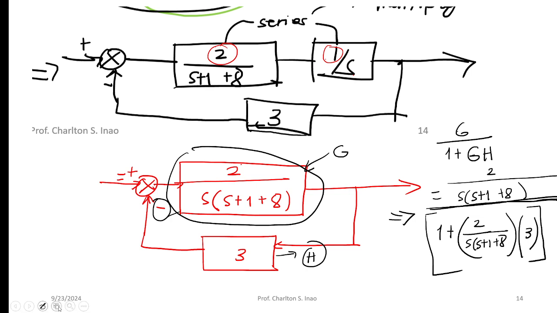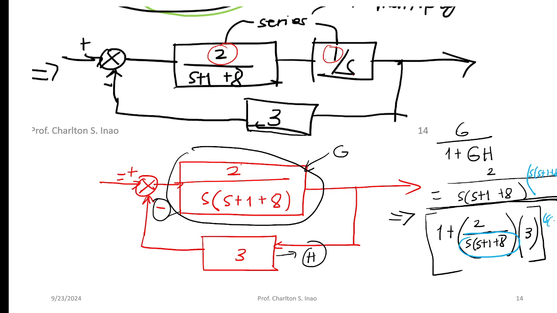Now we go to the simplification, and the question is, what is the expression that we're going to multiply to both numerator and denominator that will simplify the expression? So we're gonna choose this, right? S plus 1 plus 8. Okay, so if we multiply the numerator with this s plus 1 plus 8, and also the denominator with this, right?